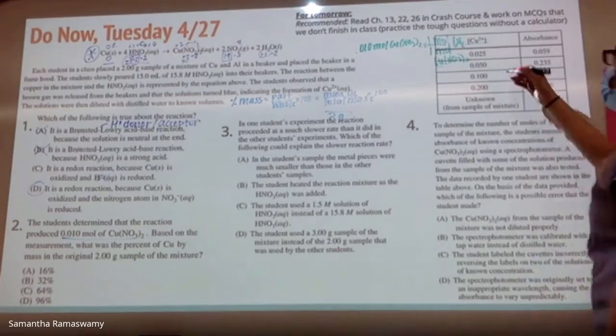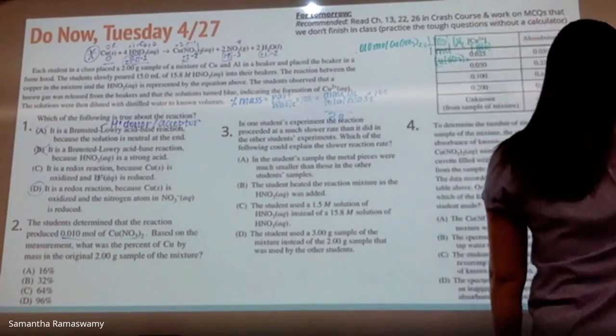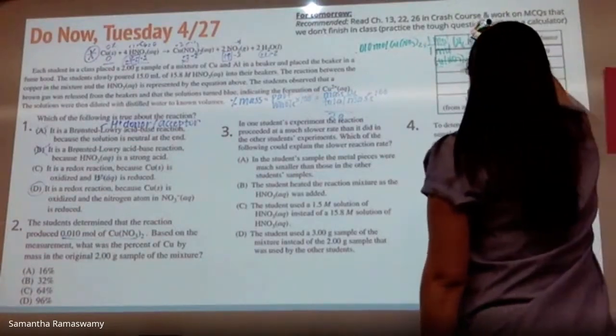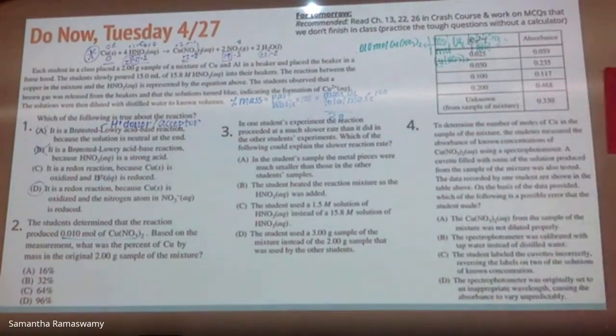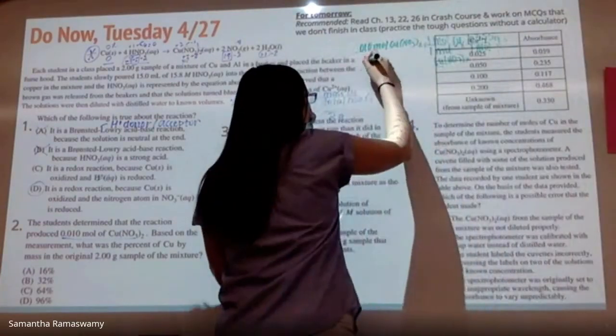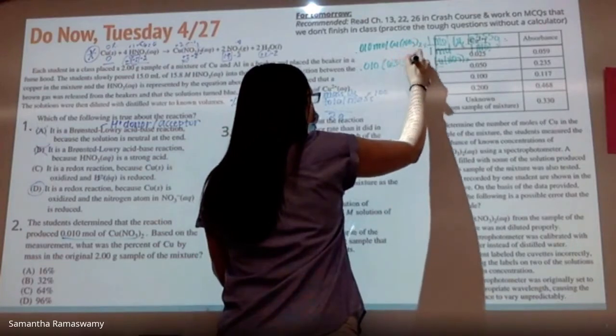Now this requires us to do math without a calculator. Molar mass of copper is 63.55. So if you take a look at this math, it's 0.01 times 1 times 63.55 divided by 1. 0.01 times 63.55.